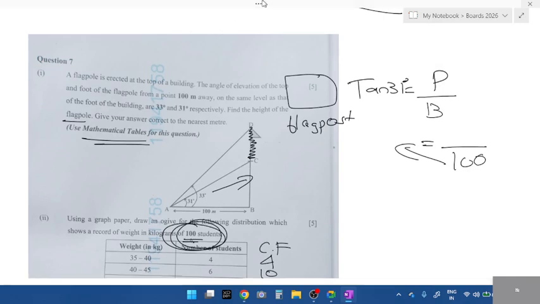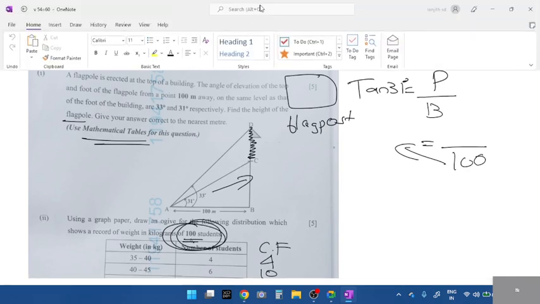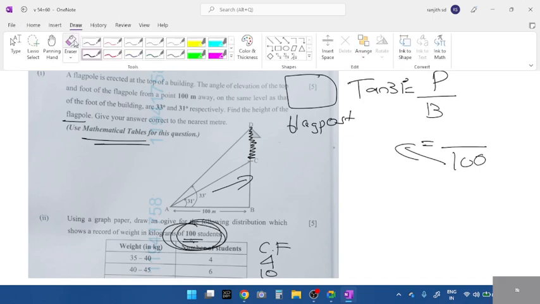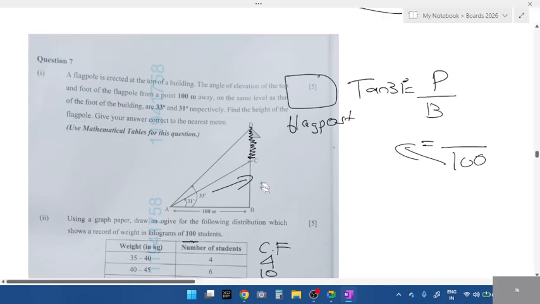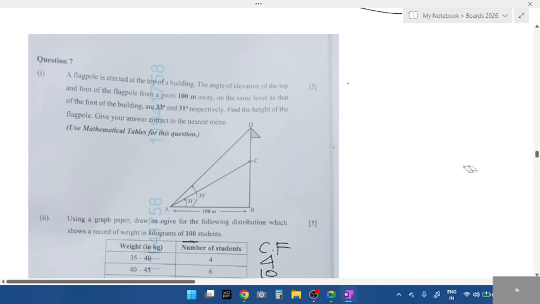We'll solve this. 2026 and 25 is left. All of you will write it.